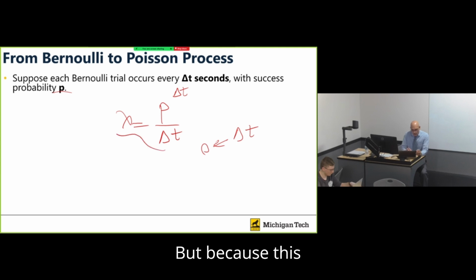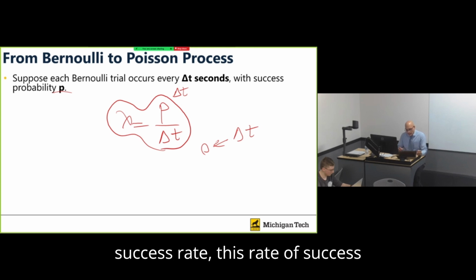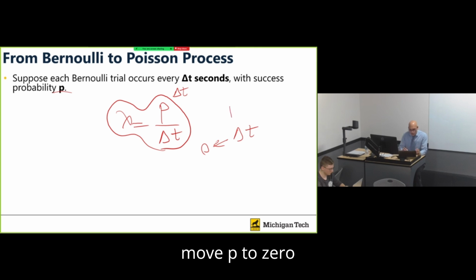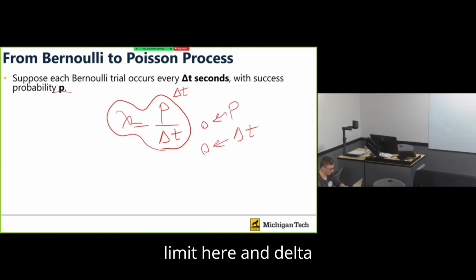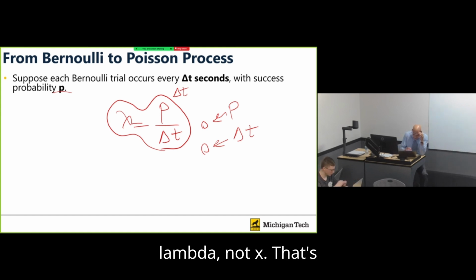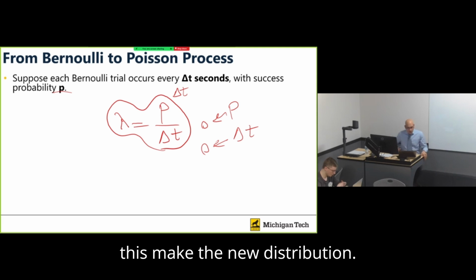But this rate of success needs to stay constant, so we also move p to 0 at the same time. We limit p and delta t to 0 to keep this lambda constant. That lambda is the rate of success. That's lambda, not x.